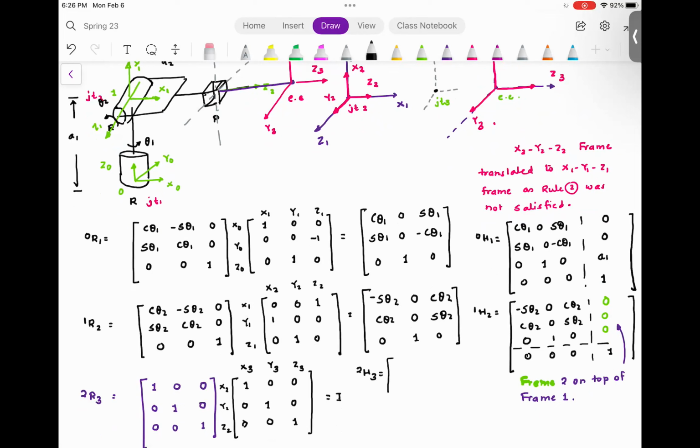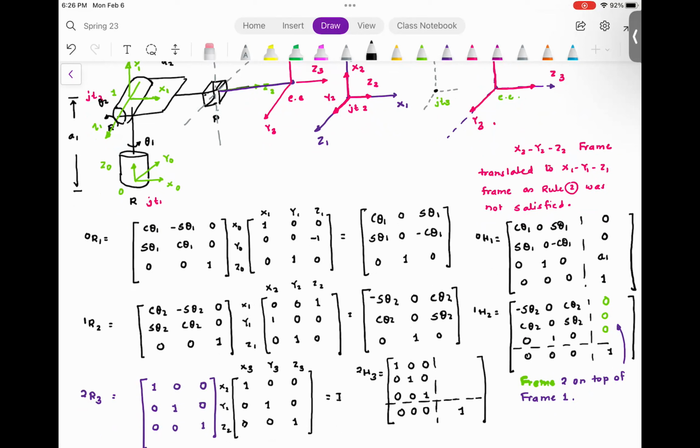Do you agree with me? 2H3, the first matrix is going to be 0 0 1, 0 1 0, 0 0 1, 0 0 0, and then I'm going to have 1 over here, and now I'm going to have the 3 terms to fill. The argument remains the same.